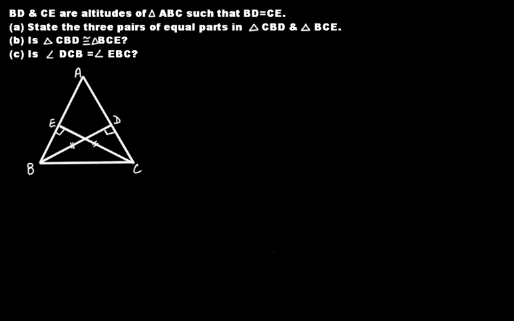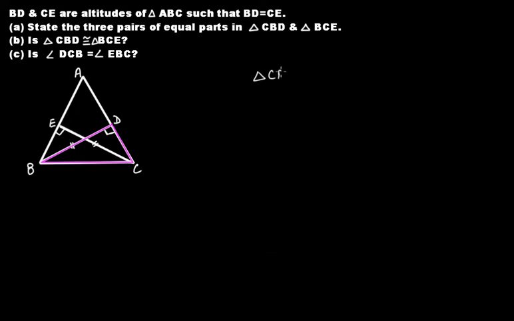Now let me quickly highlight this triangle CBD so that we can differentiate between triangle CBD and triangle BCE. Okay. So what are the three pairs of equal parts in triangle CBD and triangle BCE? First of all, let's write here triangle CBD.